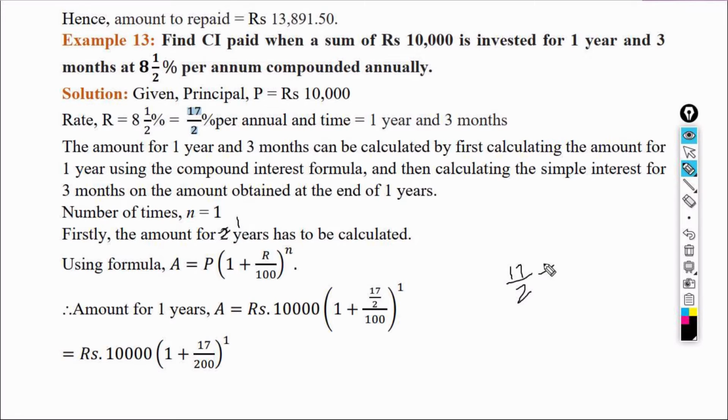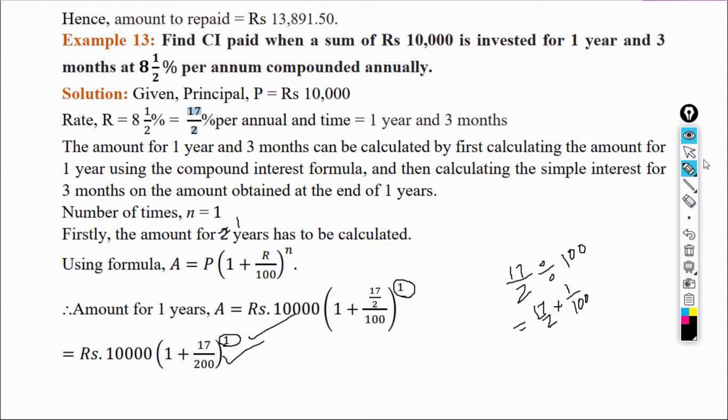We can write this as 17 by 2 into 1 by 100, that is equal to 17 by 200, and the power is 1. You want to calculate for 1 year, that is, time is 1.